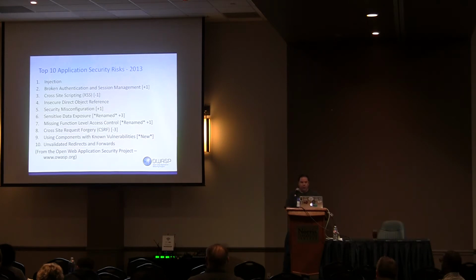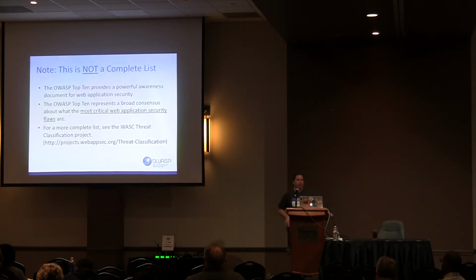I will note that this is not a complete list. The OWASP Top 10 is an awareness document for web application security, but there's not just 10 web application vulnerabilities. And it's not like when we check off cross-site scripting here, everybody's good with cross-site scripting, right? Then the hackers are like, oh no, we can't do that anymore, right?